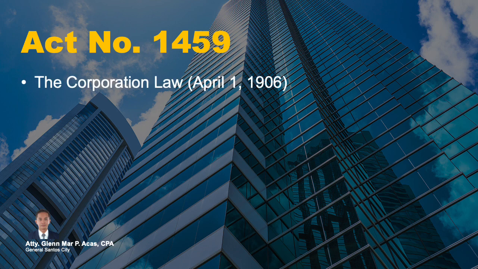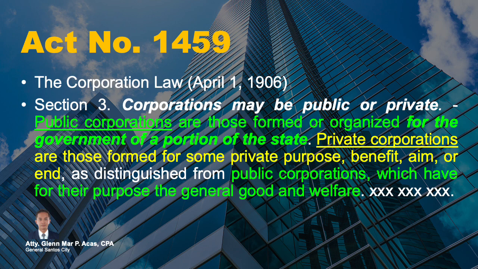Under Act Number 1459, or the Corporation Law of 1906, Section 3 thereof defines public corporations as those formed or organized for the government of a portion of a state, while private corporations are those formed for some private purpose, benefit, aim, or end.